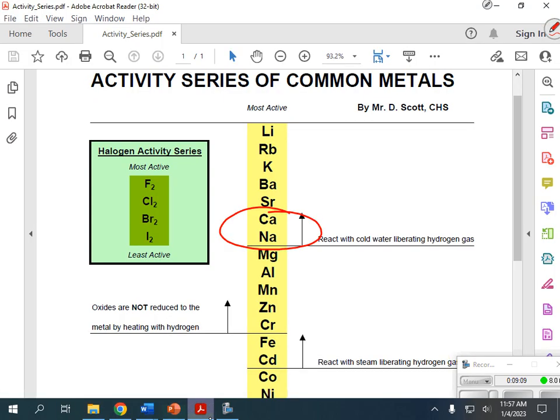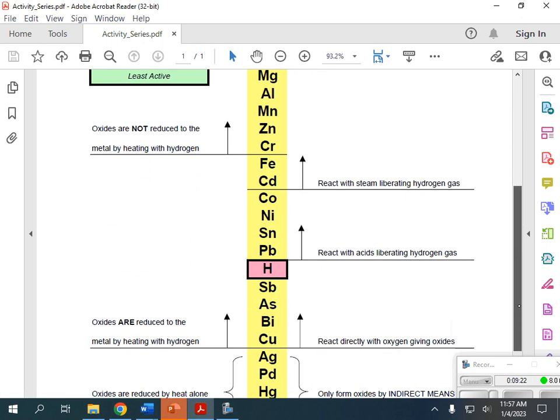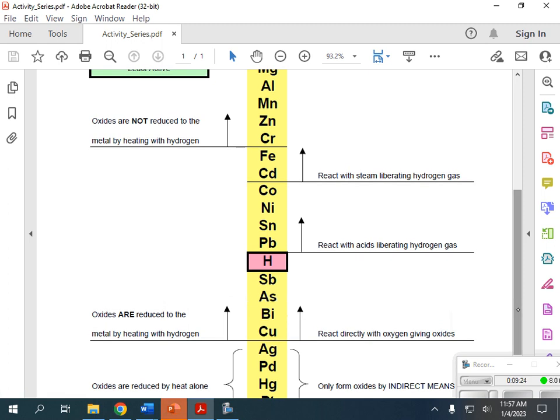Well, let's come back here. Let's get this off of here, and let's look. Let me sit my pen down. Let's find copper and iron. Well, here's copper. Here's iron.